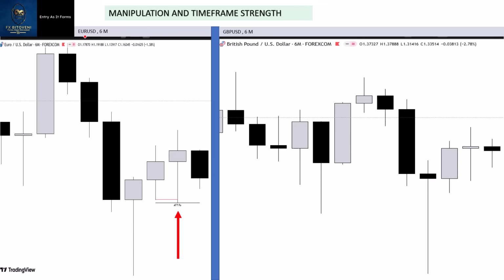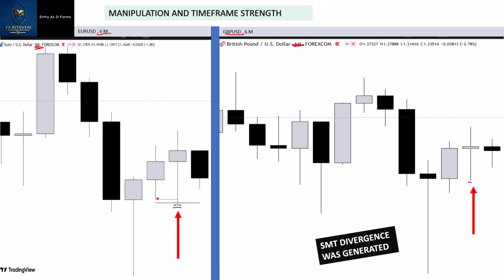So this is Euro USD and the GBP USD. Now, on a 6-month time frame, as you can see here and here, at that time we had a FU on Euro USD, right? And then on the GBP USD, we didn't have any manipulation.